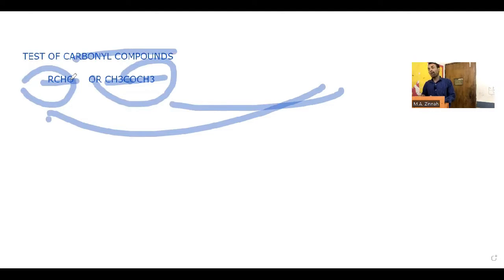They are very similar in terms of reactions. We did a test of these compounds using, tell me, Brady's reagent, right? What is Brady's reagent? This looks somewhat complex.